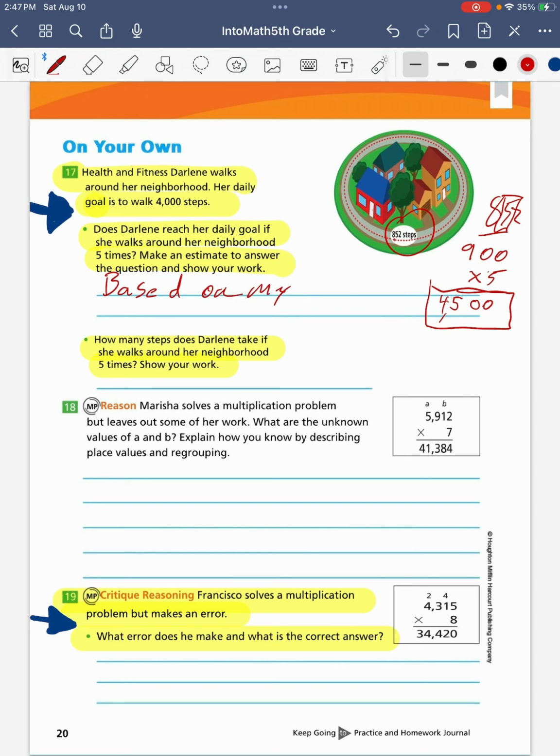So based on my estimate, she should be able to reach her goal. How many steps does Darlene take if she walks around her neighborhood 5 times? Now we are actually multiplying 852 times 5.